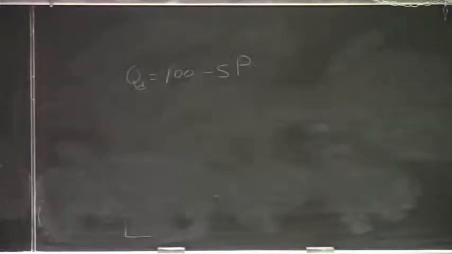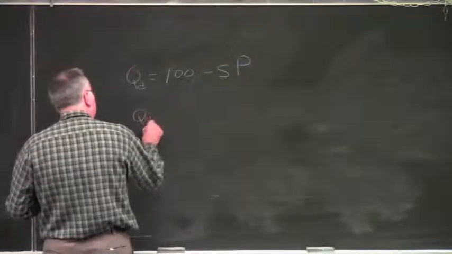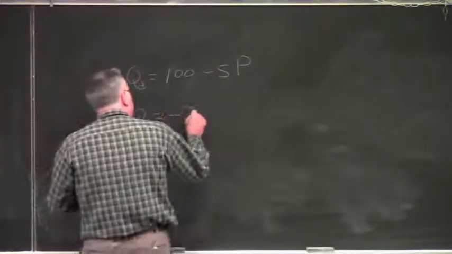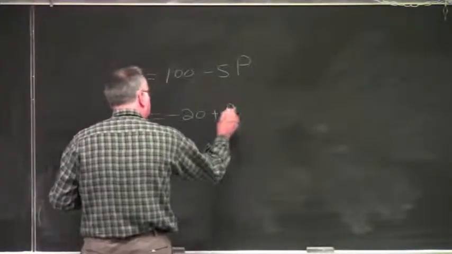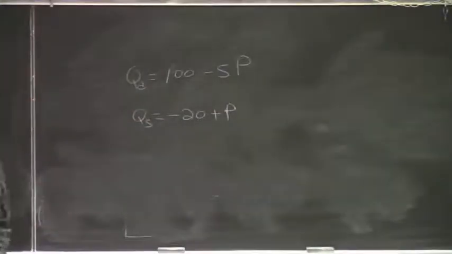So for this demand function, the vertical intercept is 100, the slope is minus 5. So it's a nice downward sloping demand curve. Let the supply curve be this equation, minus 20 plus p.